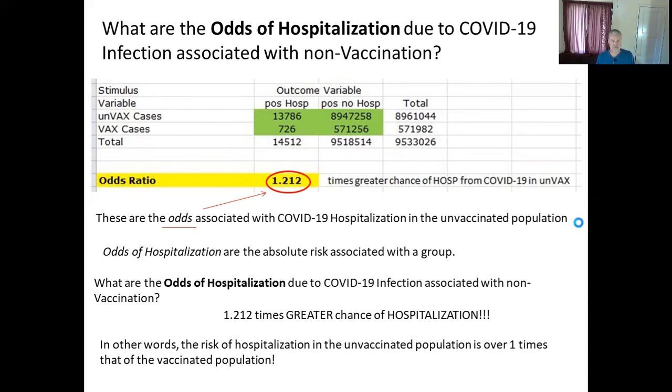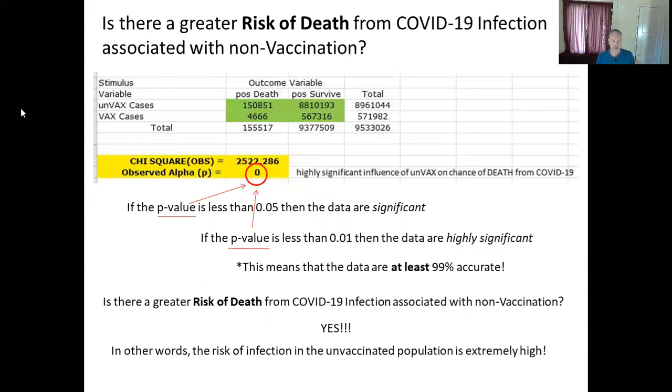The last one here, let's look at death. Death with respect to COVID-19 in the unvaccinated population. The first question, is there a greater risk of death from COVID-19 associated with being unvaccinated?